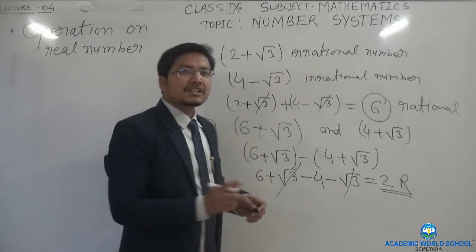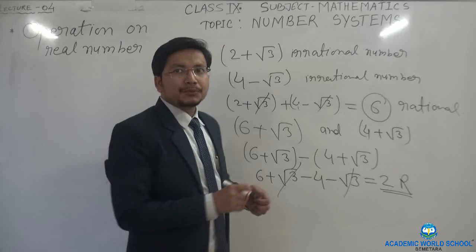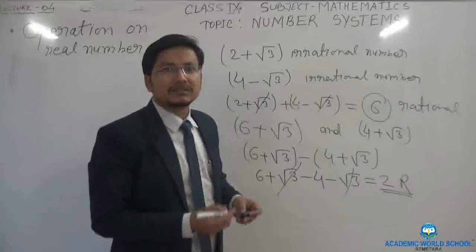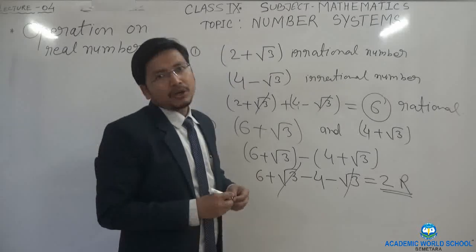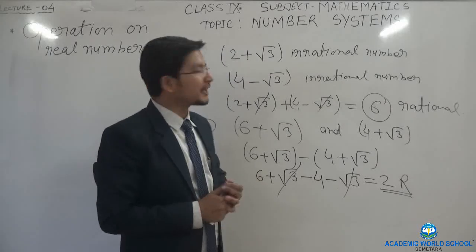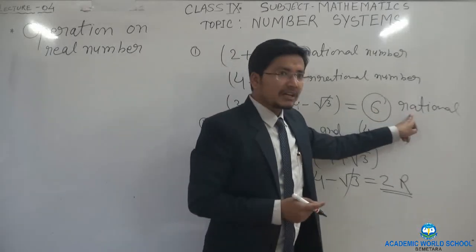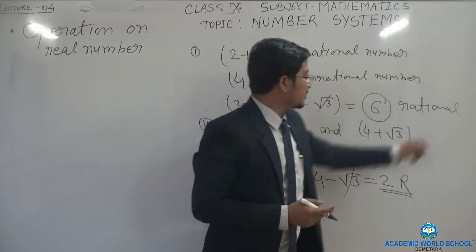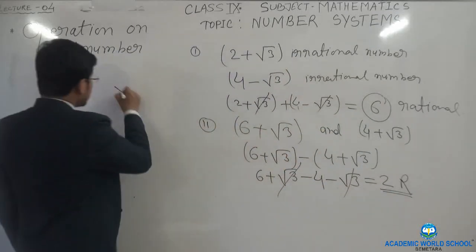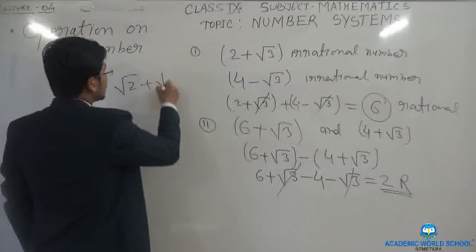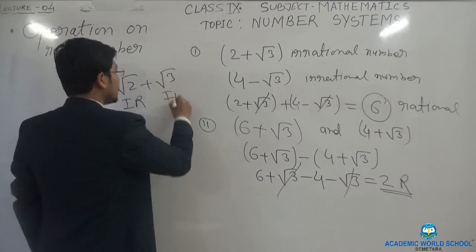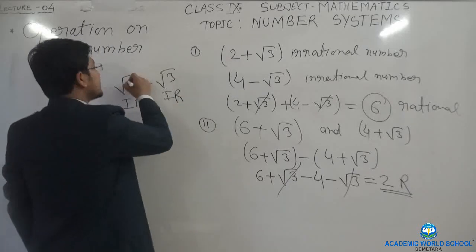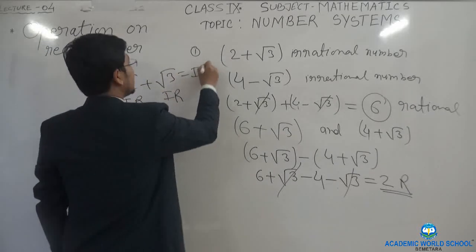So it is not necessary that if we add two irrational numbers, the outcome will be irrational. Okay, the outcome can be rational also. So let's say this is root 2 plus root 3. This is irrational and this is also irrational, and their result is irrational.